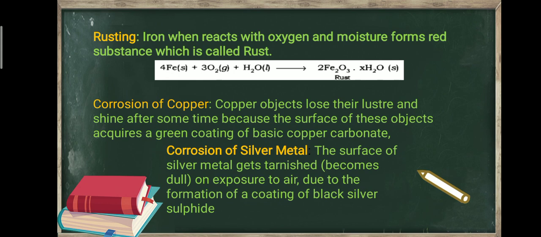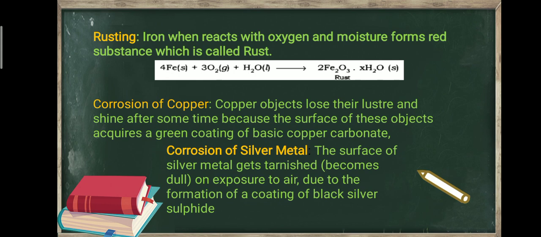Some common examples of corrosion that we see in our daily life are, first, rusting of iron, in which iron reacts with oxygen and moisture and forms a red substance known as rust. Our second example is corrosion of copper.